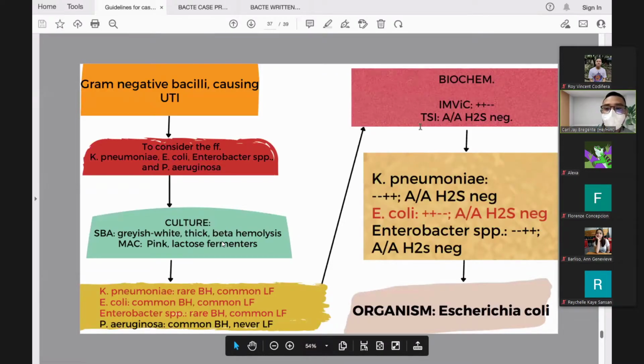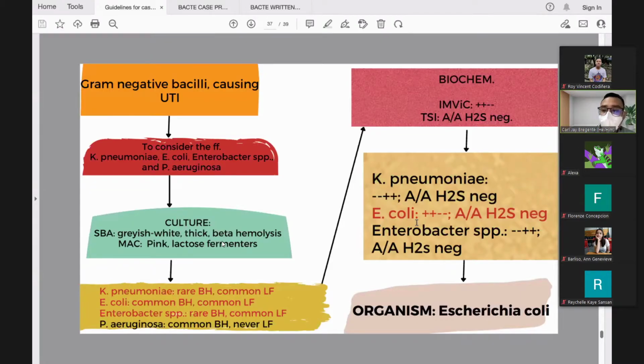So you now go to the biochemical results. For biochem, you are given IMViC positive, positive, negative, negative, with TSI acid, acid, H2S negative. For Klebsiella, the IMViC reaction is negative, negative, positive, positive, although TSI is acid, acid, H2S negative. So here, the IMViC reaction is not similar to Klebsiella, so Klebsiella is out. For E. coli, the IMViC reaction is positive, positive, negative, negative, with TSI result acid, acid, H2S negative.